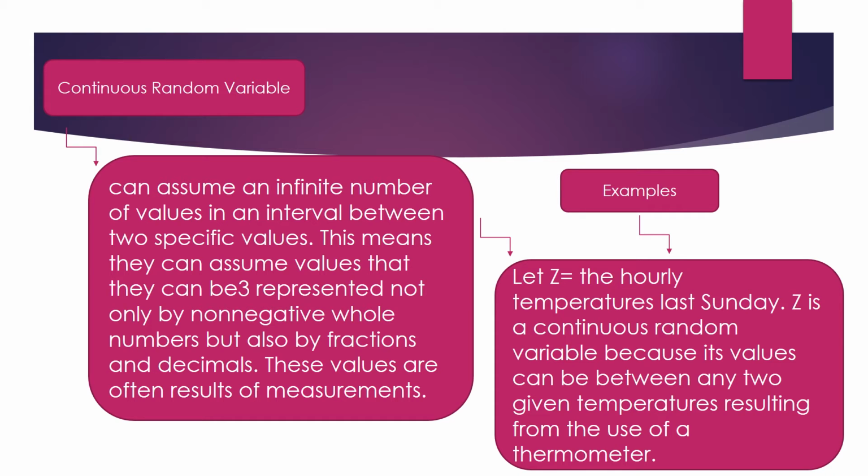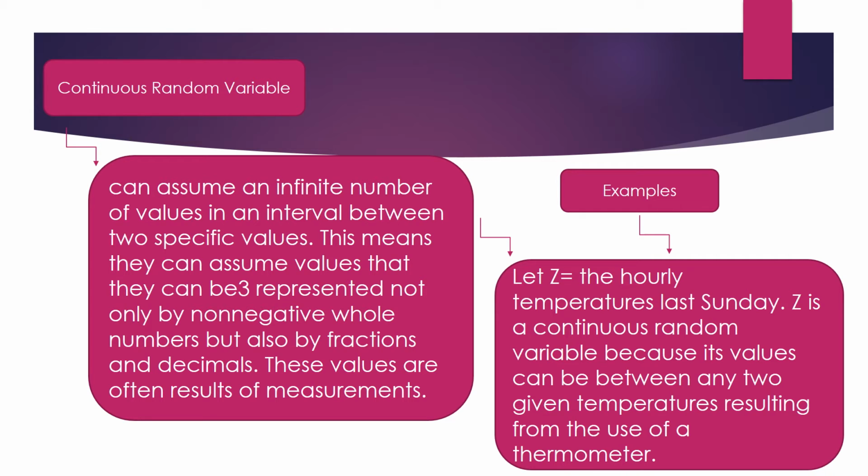Example: let Z be the hourly temperatures last Sunday. Z is a continuous random variable because its values can be between any two given temperatures resulting from the use of a thermometer.